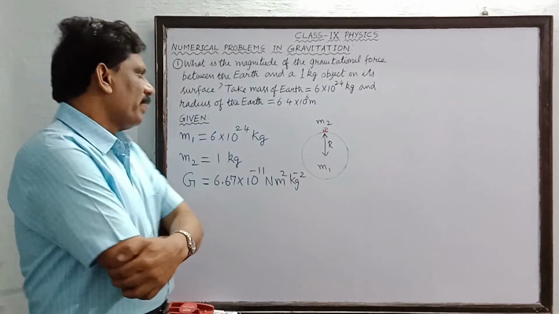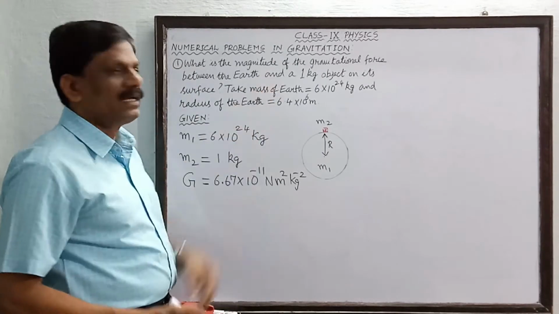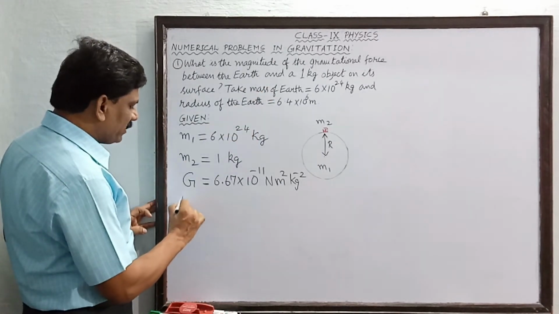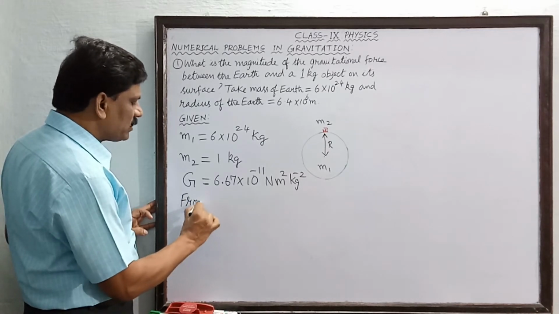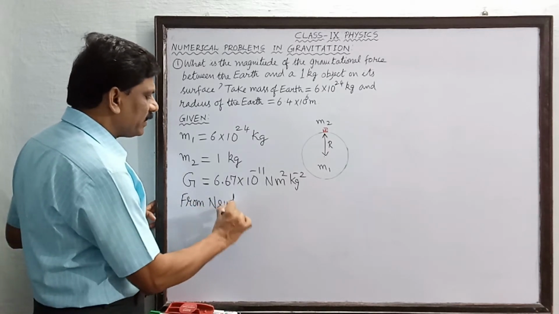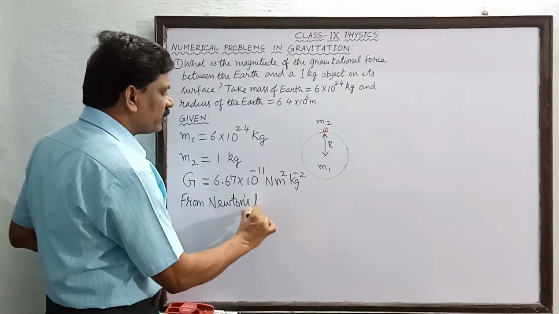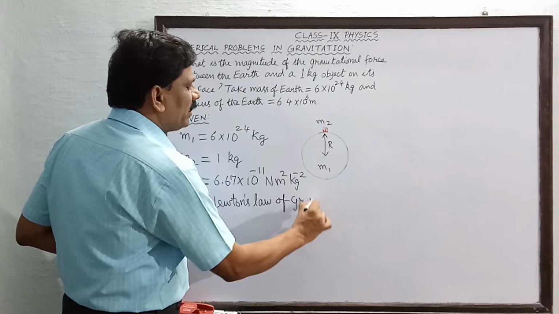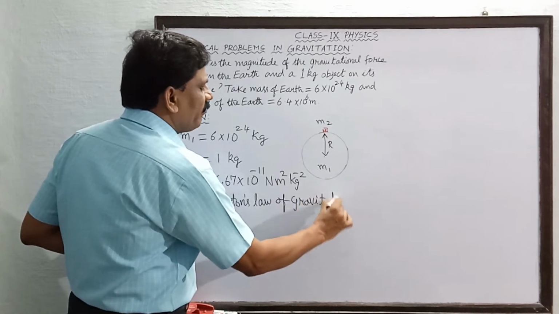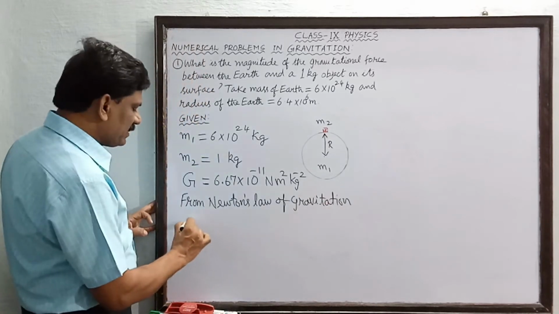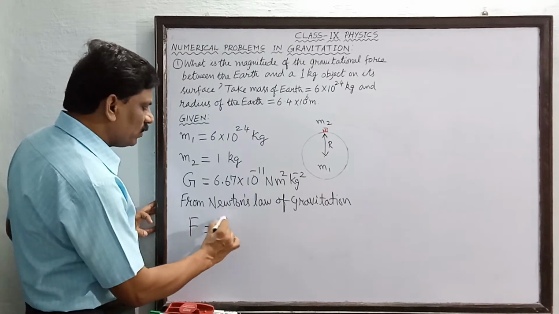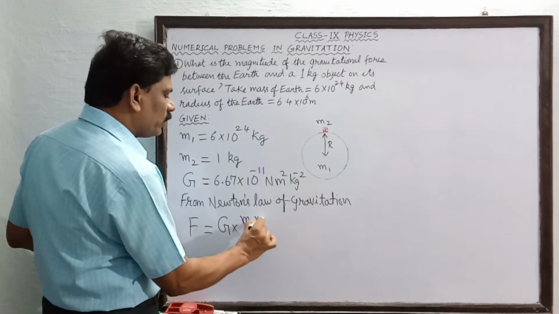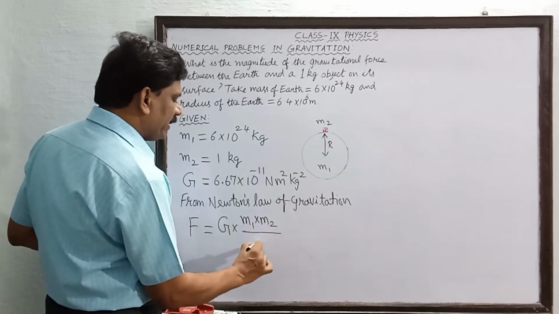Okay students, now we have to calculate the gravitational force. So the law we are going to use here is Newton's law of gravitation. We have studied the statement and we have to substitute the formula. F is equal to capital G into m1 into m2 divided by distance square.